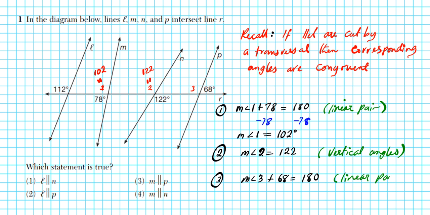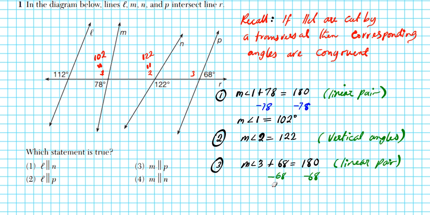So we have a linear pair here. Let's go ahead and figure out the value of angle 3. So subtract 68 from both sides, and that will give us a final result. Measure of angle 3 is equal to, if you do the math, you get 112 degrees.